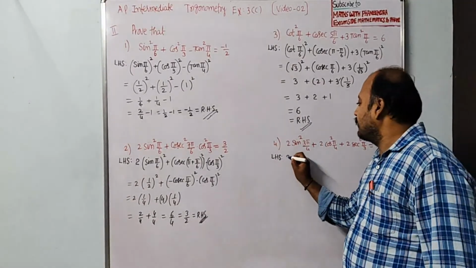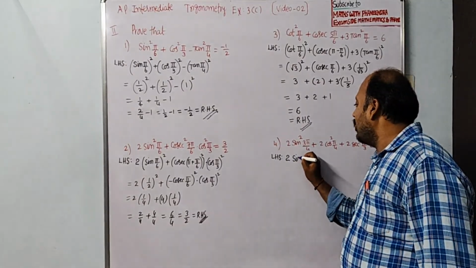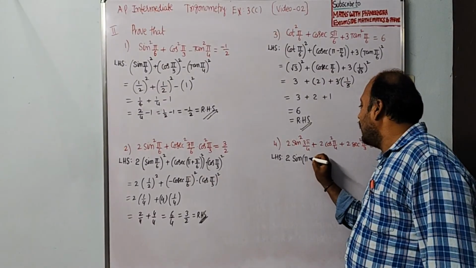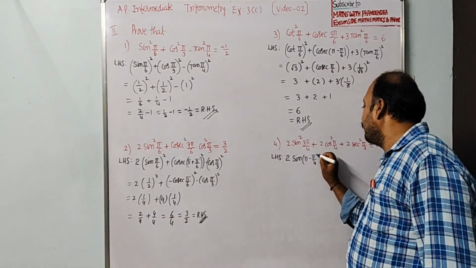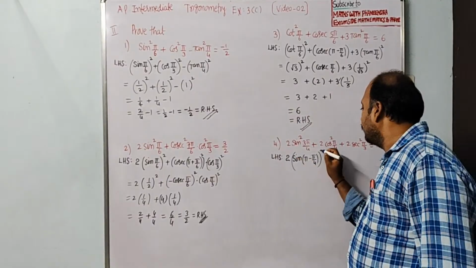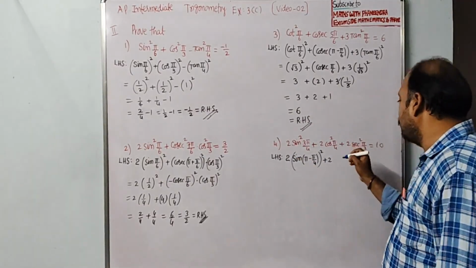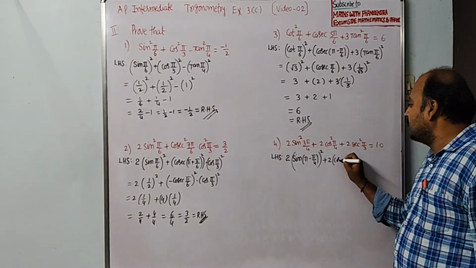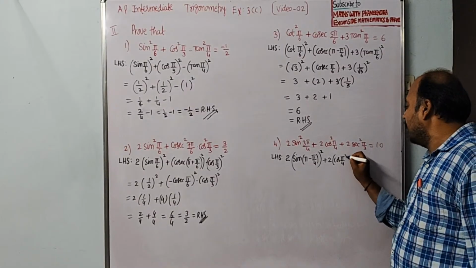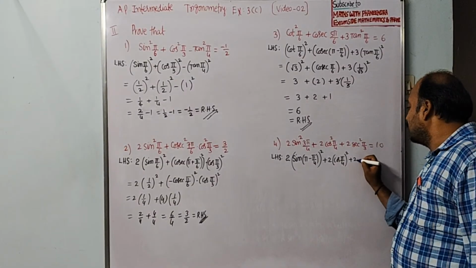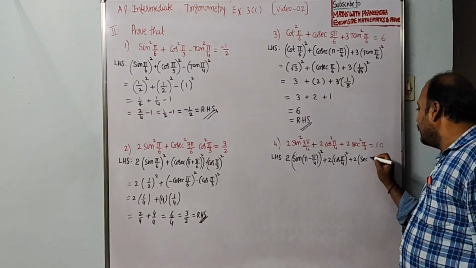2 into sin square of 3 pi by 4, means pi minus pi by 4 whole square, plus 2 into cos square of pi by 4, means cos pi by 4 whole square, plus 2 into secant pi by 3 whole square.